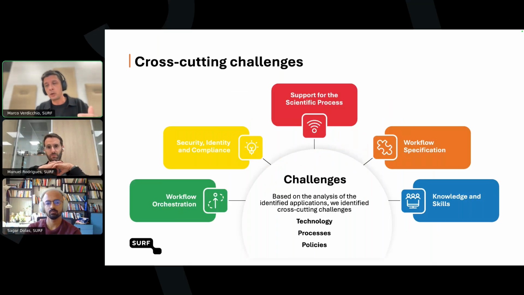You will see more on the specific challenges that we also want to check with you in the Mentimeter. I'm not going through the details in this presentation, but we can group these challenges around 5 main topics: workflow orchestration, security, identity and compliance, support for the scientific process, workflow specification, and knowledge and skills.